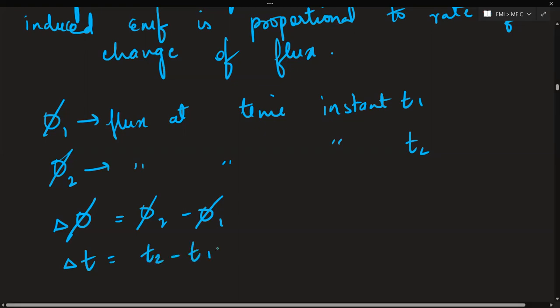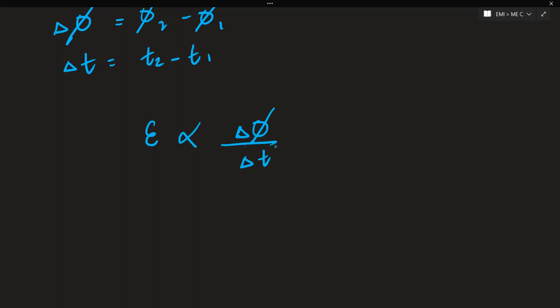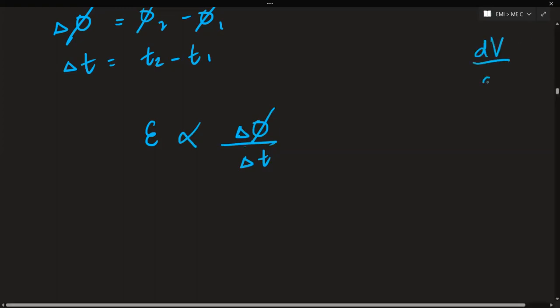So, according to Faraday's law of EMI, the induced EMF is directly proportional to the rate of change of flux. What did I tell you earlier? When anything gets divided by distance, we call it a gradient. Remember the potential gradient we had.